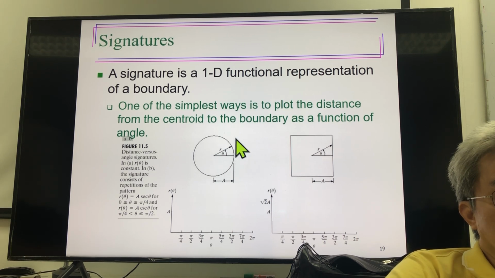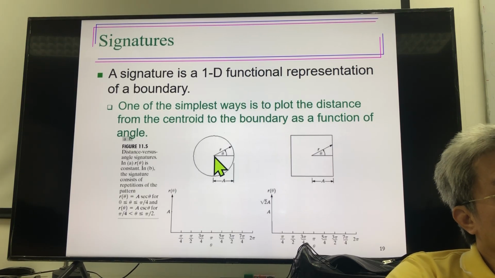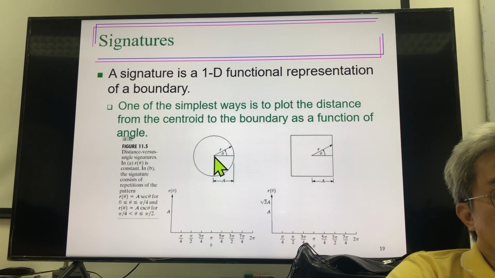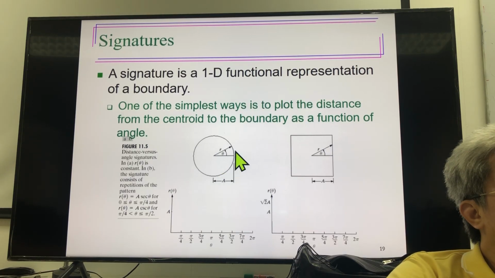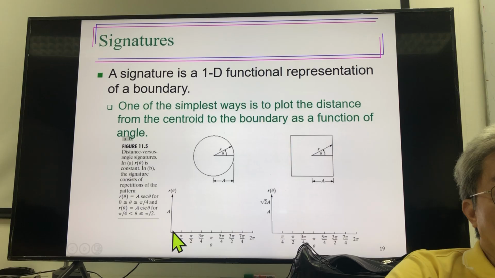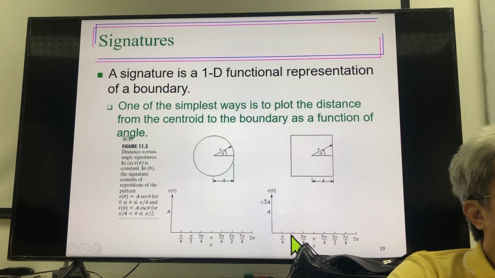If it's a symmetric shape like this, usually we use the center of mass as the center, and then you go along the radius. The angle would be from 0 to 2 pi, so the horizontal axis always goes from 0 to 2 pi.